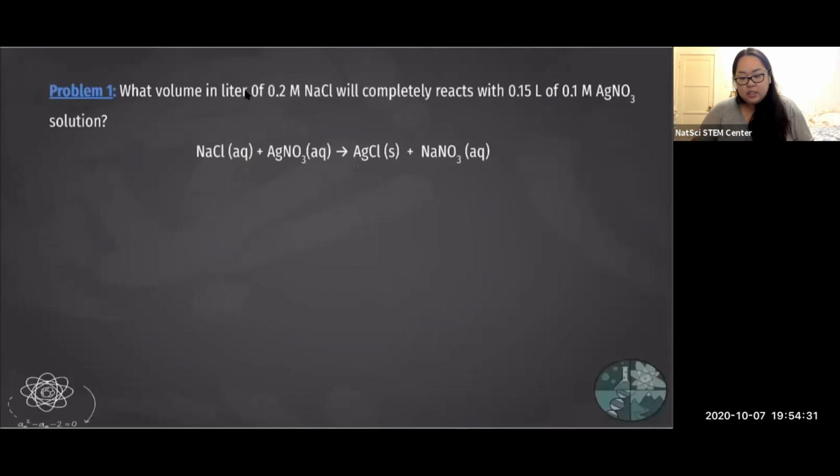You can screenshot it if you want, but I'm going to send you the recording too. It's up to you. It might be easier to screenshot right away. It takes probably 20 minutes to load before I can send it to the NatSci Center to email it to you guys. So this is problem 1. Let me know when you guys are done taking a picture and I'll move on to the next ones.